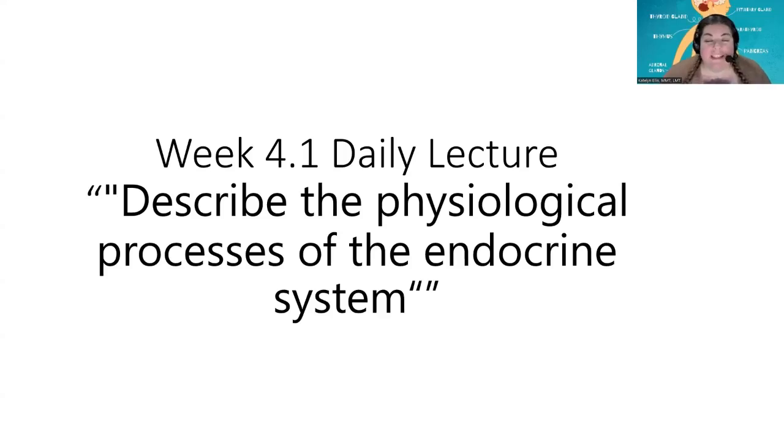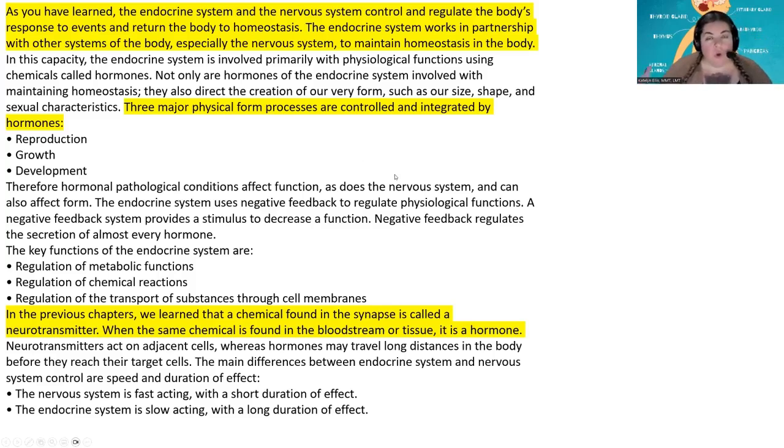About describing the physiological processes of the endocrine system. All right, so the nervous system we learned about controls and regulates a lot of responses to events in the body, helps return the body to homeostasis. The endocrine system works with your nervous system as well as the other systems of the body to make this process possible and to maintain homeostasis.